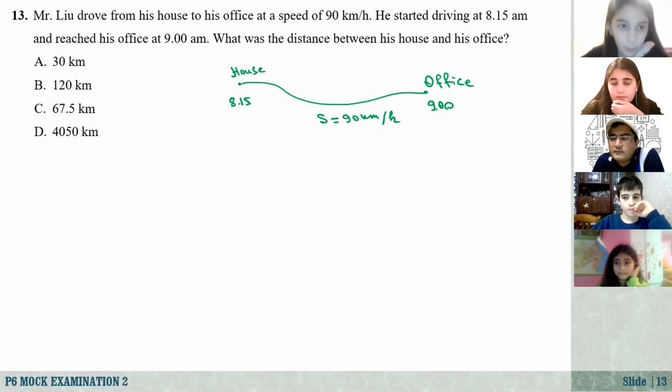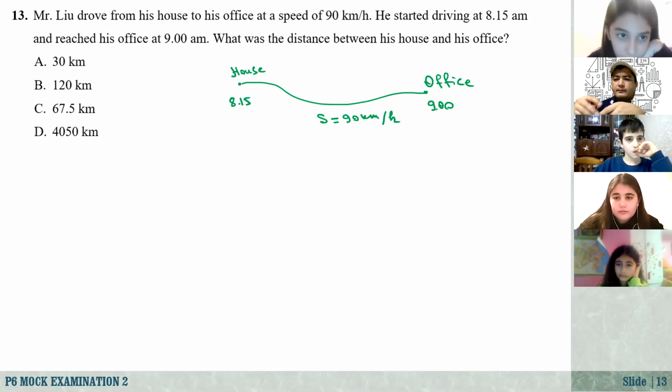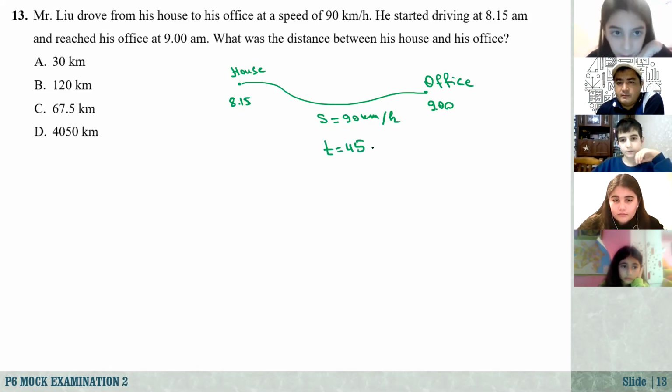If he started driving at 8:15 a.m. and reached his office at 9 a.m., so he drove for 45 minutes, yes. And we know that his speed is 90 kilometers per hour.